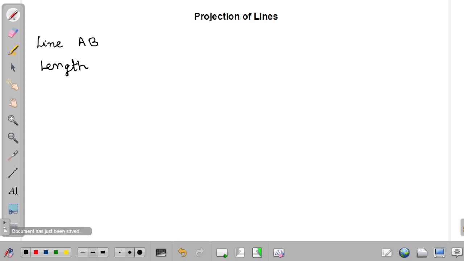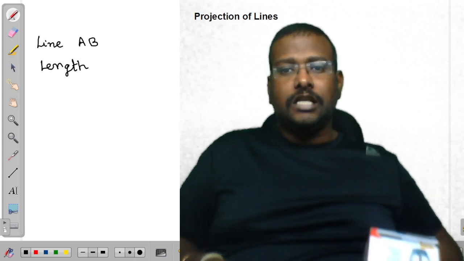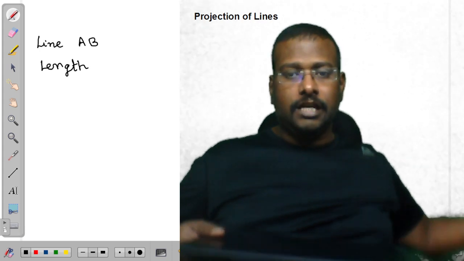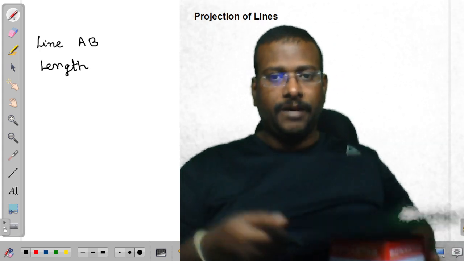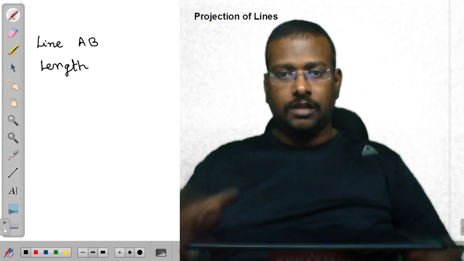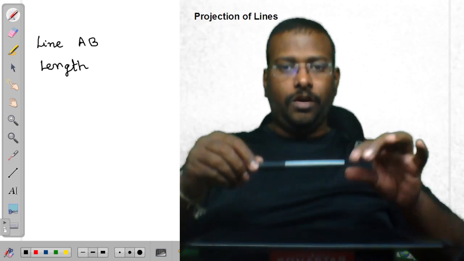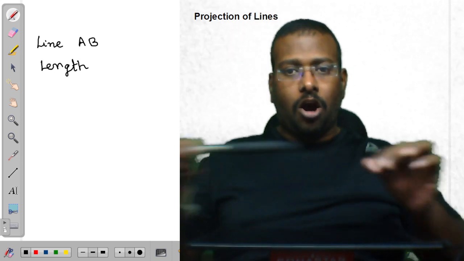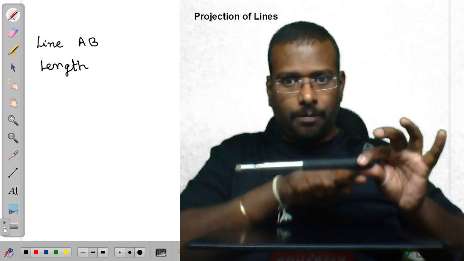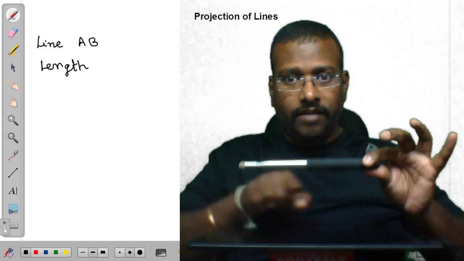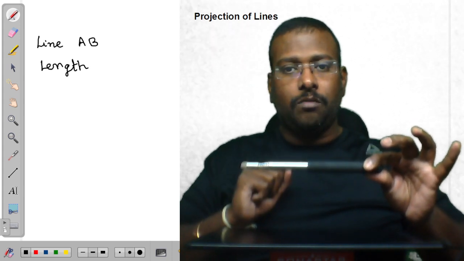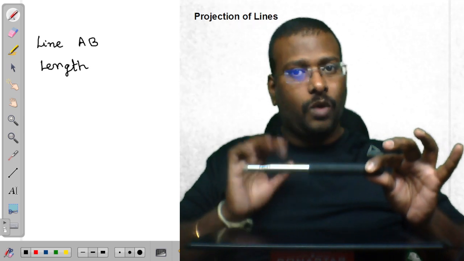This is the horizontal plane. All the points of the line are equidistant from the horizontal plane. That is why we can consider it as parallel to HP.